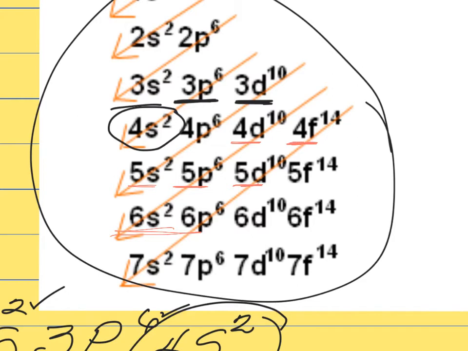You were following this: the ending was this, they were completing this first, but after the 6s2, 4f14 was completed, then 5d10, before completing the 6p.